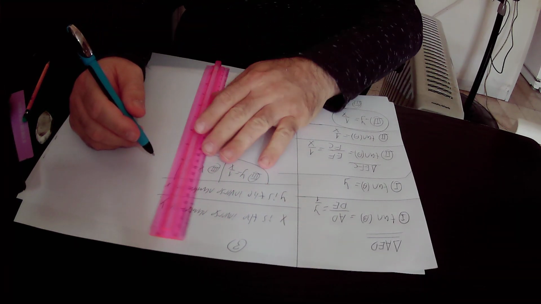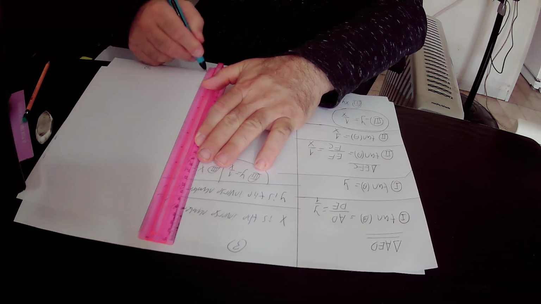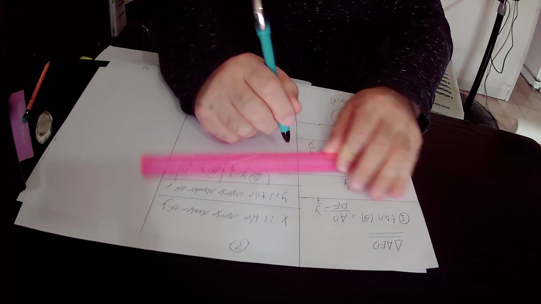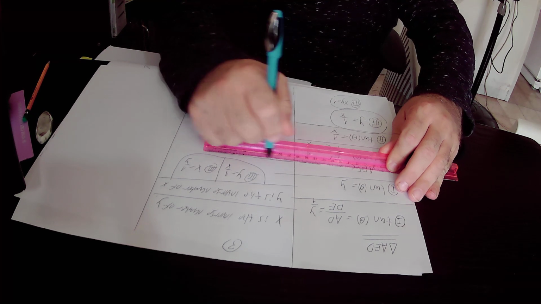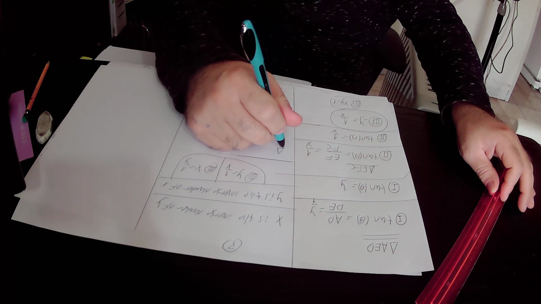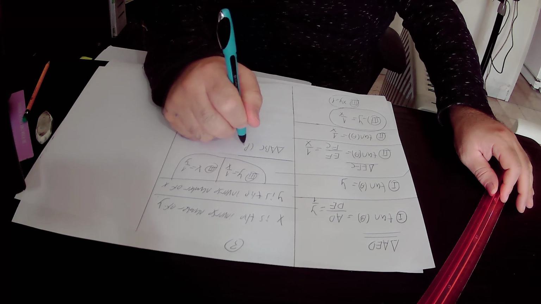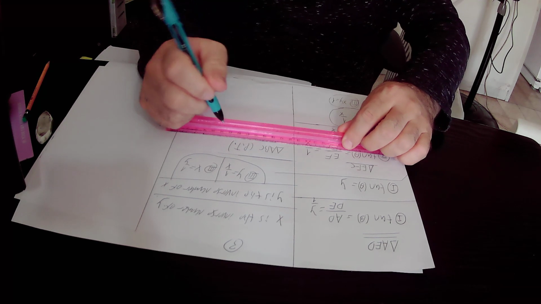So in the next step, we will focus on the right triangle ABC. On the right triangle ABC, according to the Pythagoras theorem, PT is the abbreviation for Pythagoras theorem.